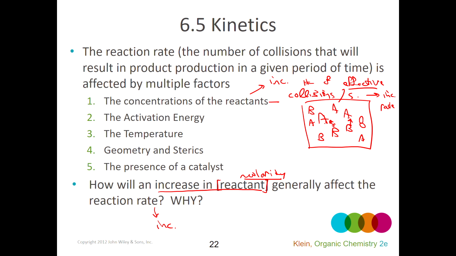So we're looking for effective collisions, collisions that have the energy and orientation necessary that when the molecules collide with enough force and in the right orientation, the electrons can be rearranged to produce the products. So the more reactants I put in a given amount of space, the more often they'll be colliding, and the more often those collisions will be effective, and the more product I'll make per second. So I can increase the rate by increasing the molarity.